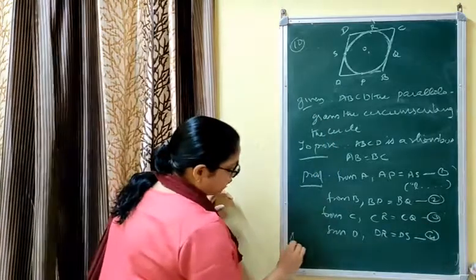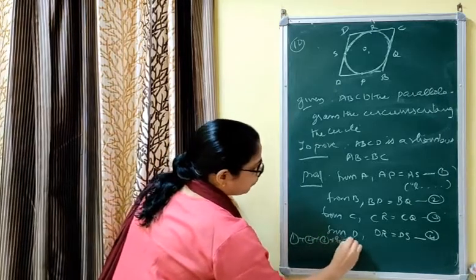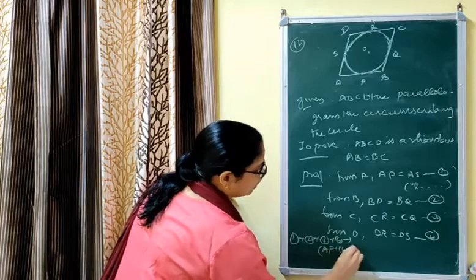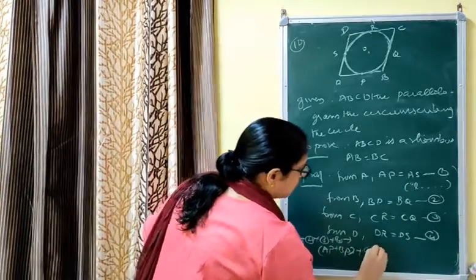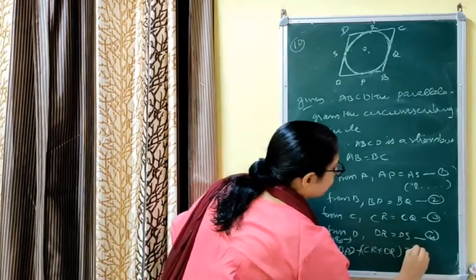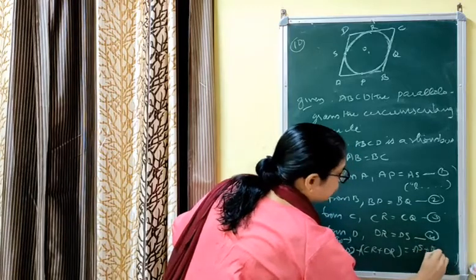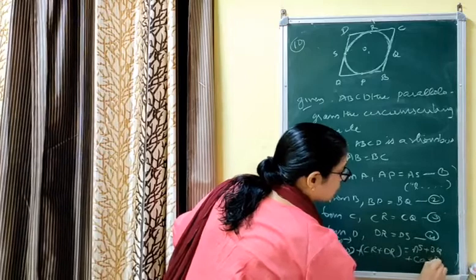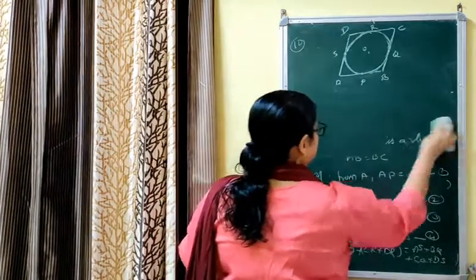Now 1 plus 2 plus 3 plus 4 gives AP plus BP plus CR plus DR is equal to AS plus BQ plus CQ plus DS. We are not using brackets because on the right side we have to arrange.